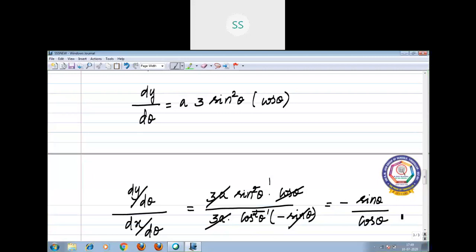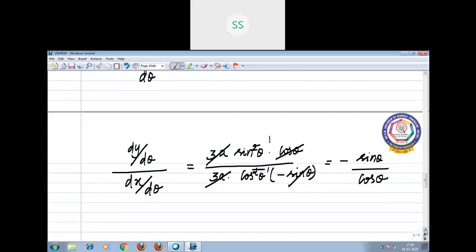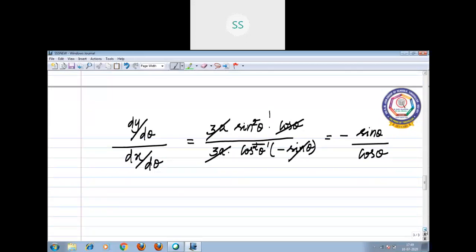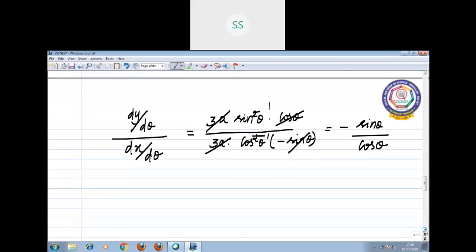They are asking the slope of the normal. Up to the previous sum, we used to find the slope of the tangent. For the slope of the normal also, you first find the slope of the tangent, then you will move to the slope of the normal. You see dy by dx, because d theta cancels. dy by dx equal to minus tan theta.